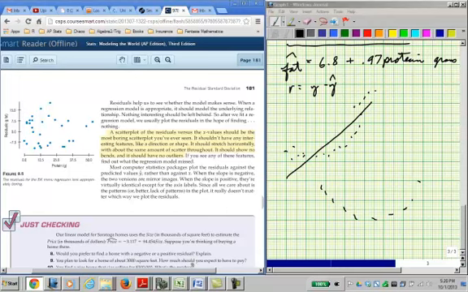The first precondition, your data must be quantitative. Secondly, it must have a linear association. Thirdly, there can't be outliers, or you have to make note of them and either leave them in or take them out.